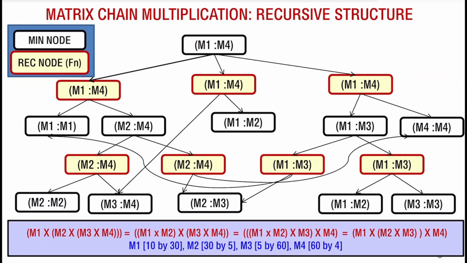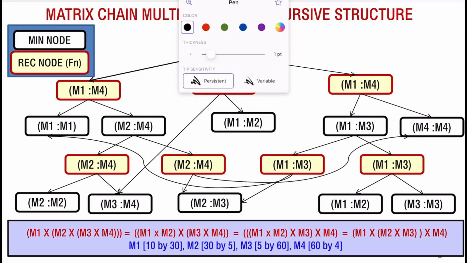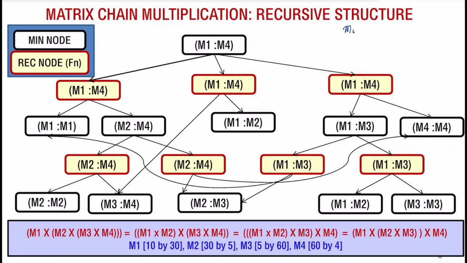So this is the recursive structure. That is, we have our problem of M1 to M4, and in order to understand this a little better, let us rewrite our Mij is equal to 0 if i equal to j, and is equal to the minimum for k equal to i to j minus 1 of Mik plus Mk plus 1 j plus Pi minus 1 into Pk into Pj, if i less than j.